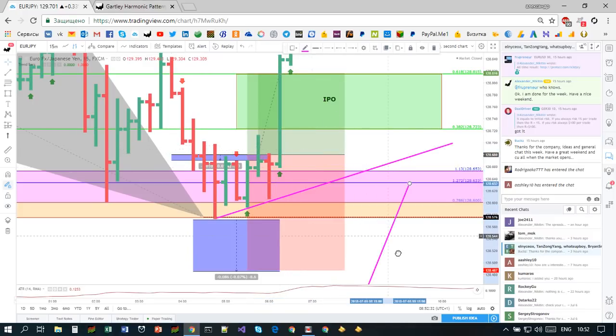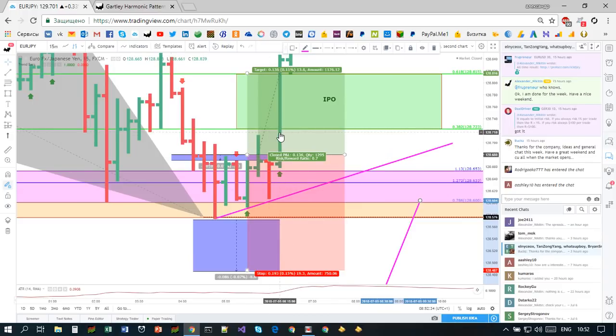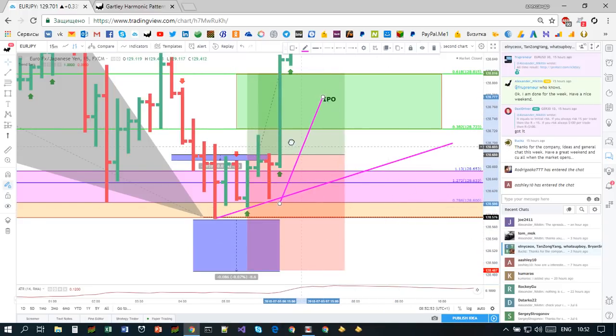If it was not hit yet, for example, we didn't hit the IPO and price goes back to the primary trend line and breaks it, you should close your position with a loss. You could have an acceleration here, but it may never hit your IPO.